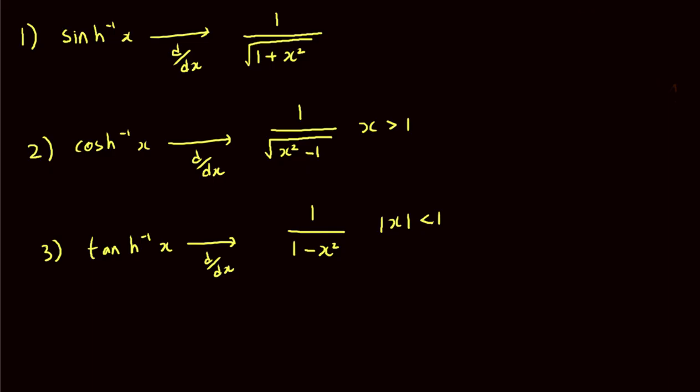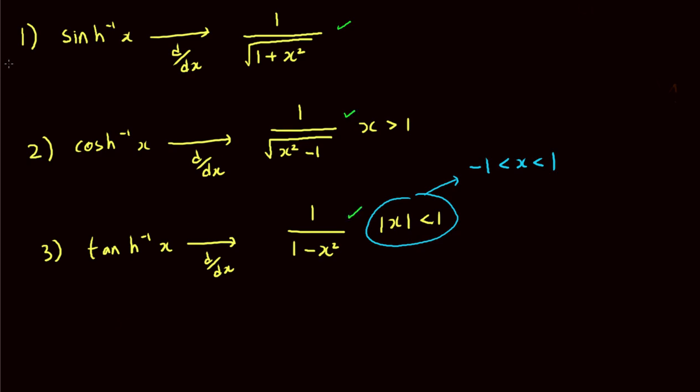As we've explained before, that means x is between -1 and 1. Okay, so that's for the inverse hyperbolic. And I think that's pretty much it for the inverse hyperbolic.